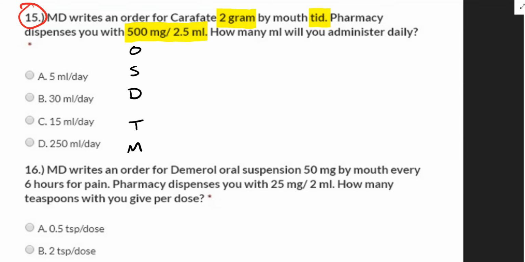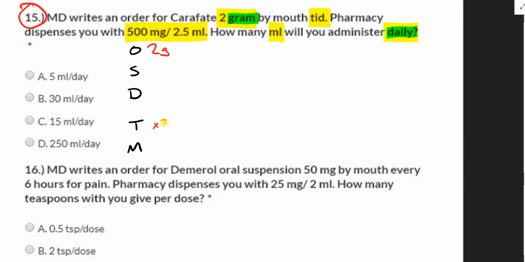So we want milliliters, and then we want a daily dose too. So we got a lot of red flags here. We want a daily dose, and we got a unit conversion. So let's see. It's 2 grams of caraphate, and that's 3 times a day.